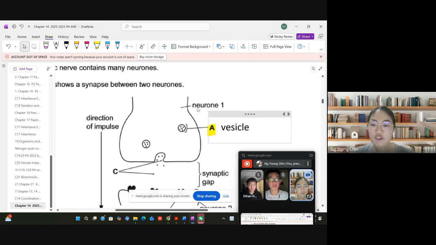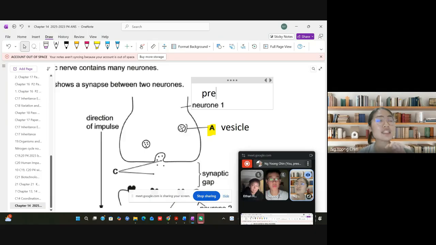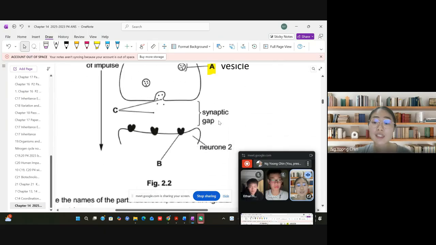Whenever the first neuron, the presynaptic neuron, releases its vesicle, the vesicles will release the neurotransmitter into the synaptic gap. Later the neurotransmitter will go to here, and then bind to here.